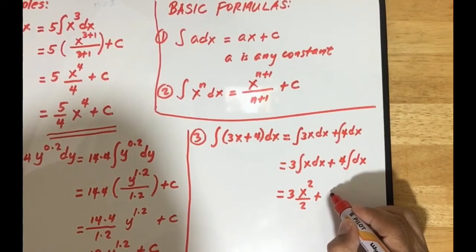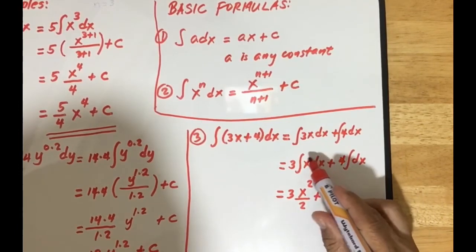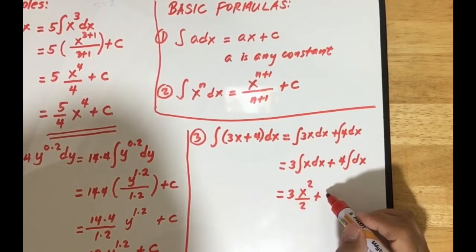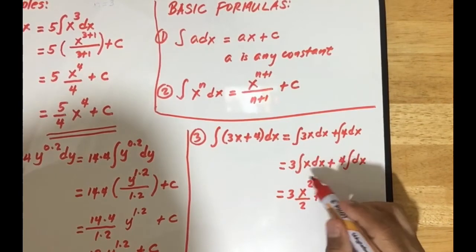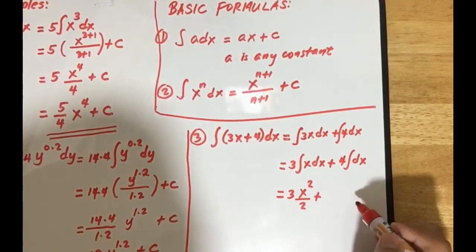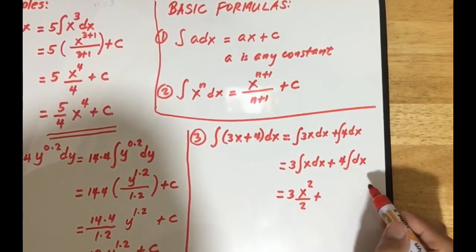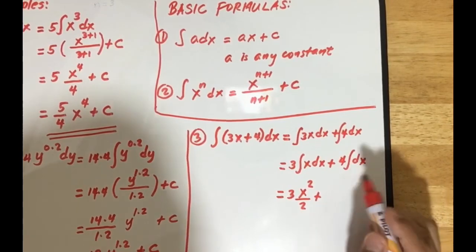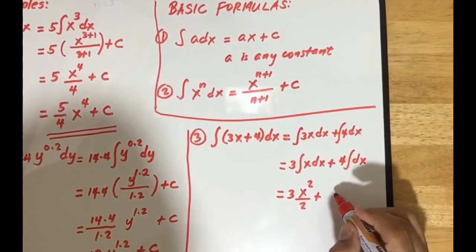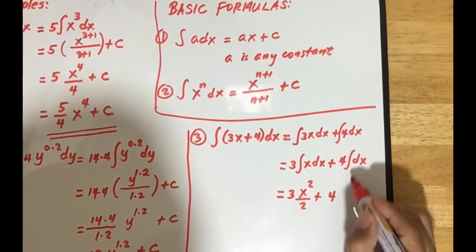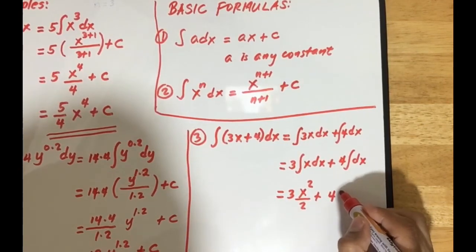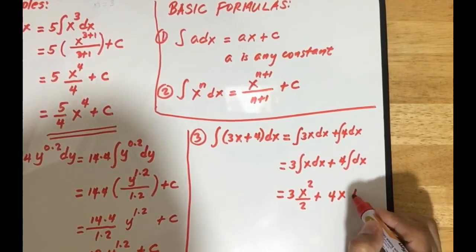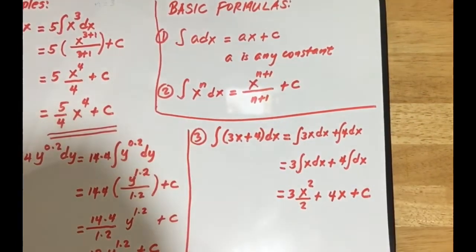Plus this one. If you put c1 for the first term and c2 for the other, c1 plus c2 is still a constant, so you just put one constant. For 4 times the integral of dx, we know that the integral of dx is just x, then plus c.